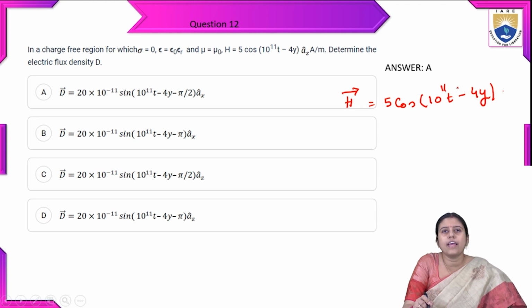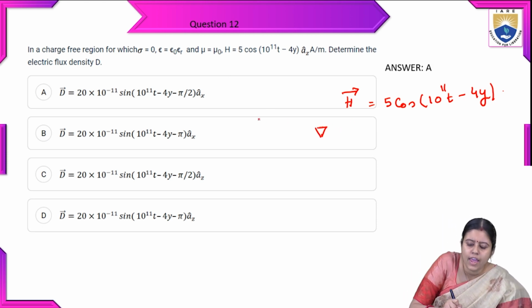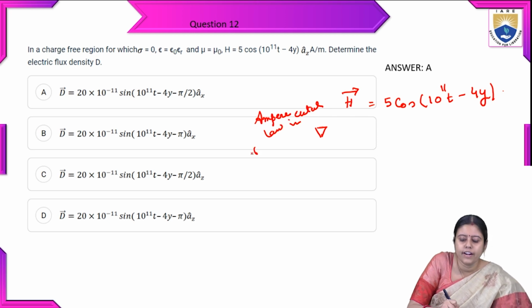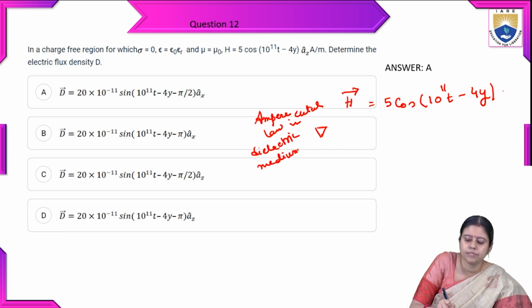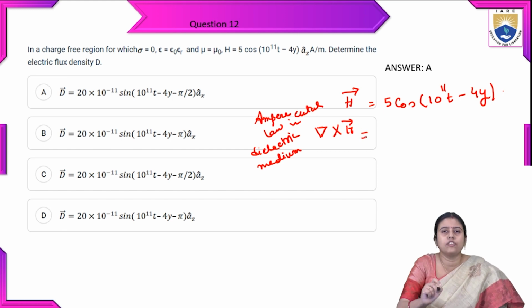Now, if we use Ampere's circuital law in a dielectric medium, what do we get?